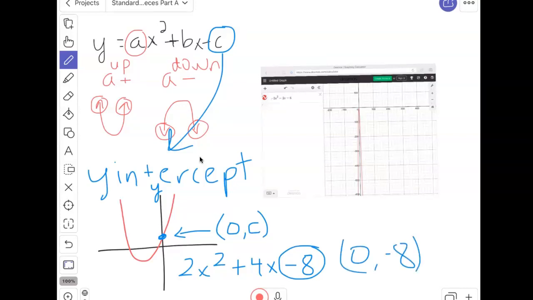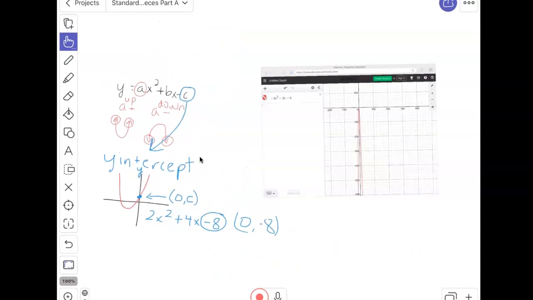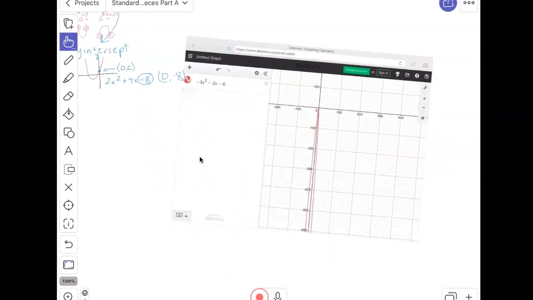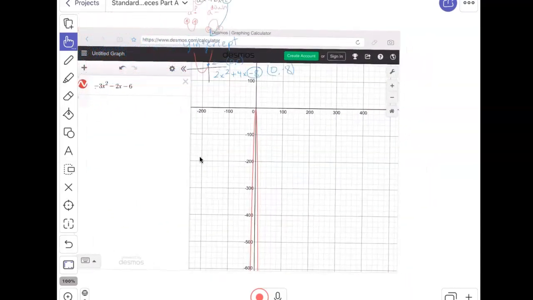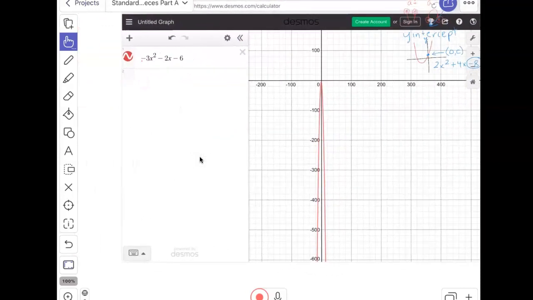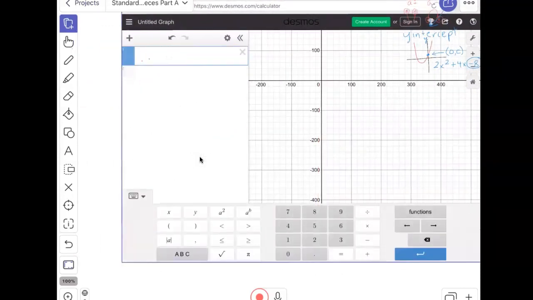Now just to show you what it looks like, let's look at the graphing calculator so we can see how it shows up there. We'll take a simpler one: y equals x squared plus 6x minus 7.